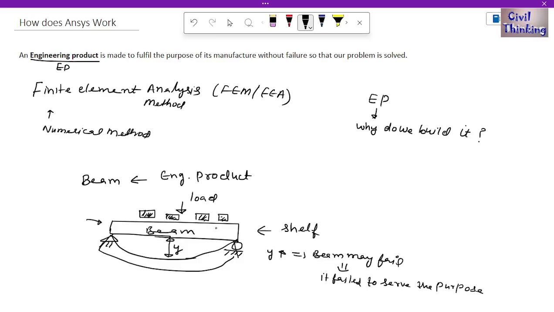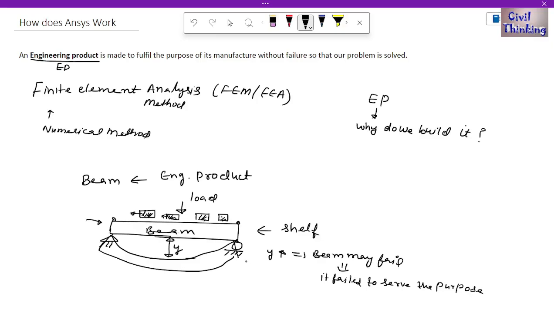So that it can let the traffic go from this point to this point. Now what happens if this engineering product fails? It means it has failed to serve the purpose, so our money is wasted.